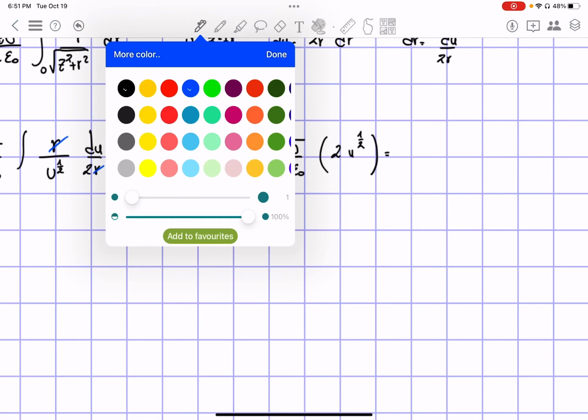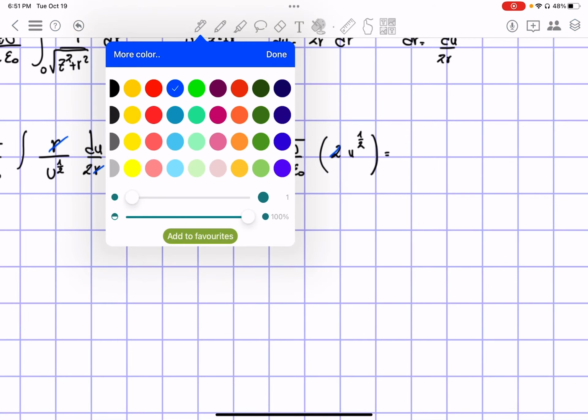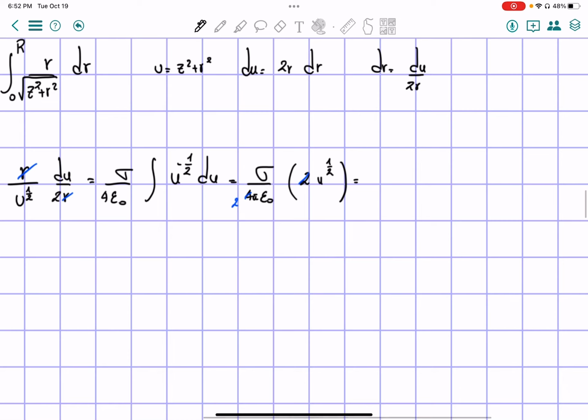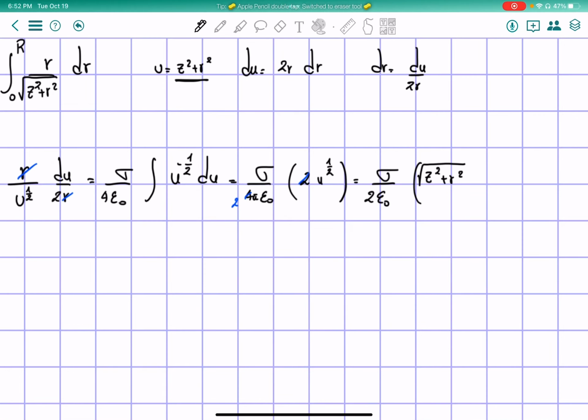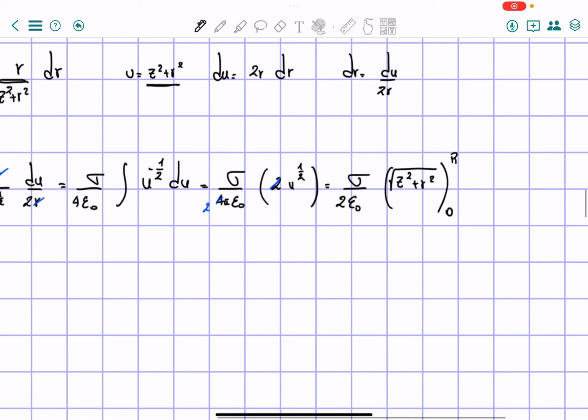We have the 2 on top and the 4 here, so let's simplify again. And then instead of u, we rewrite z squared plus r squared. So we have omega over 2 epsilon naught times the square root of z squared plus r squared. And then let's put the boundaries in, from 0 to R.